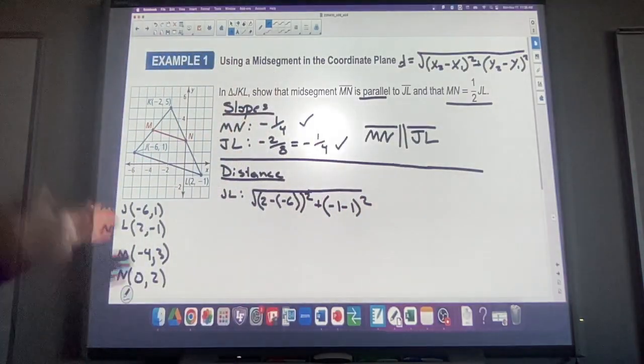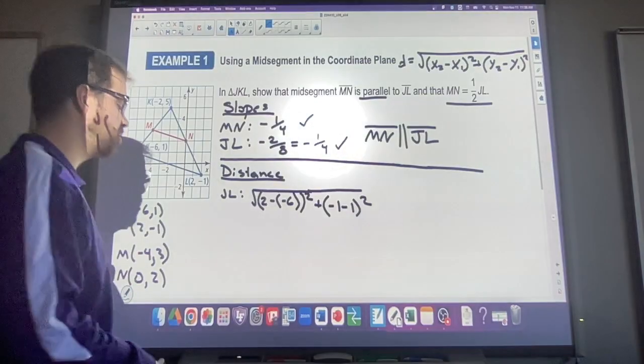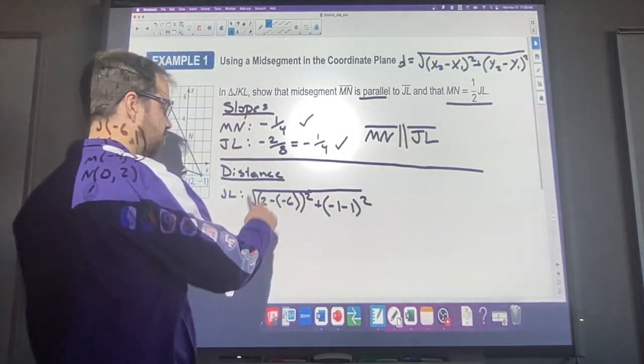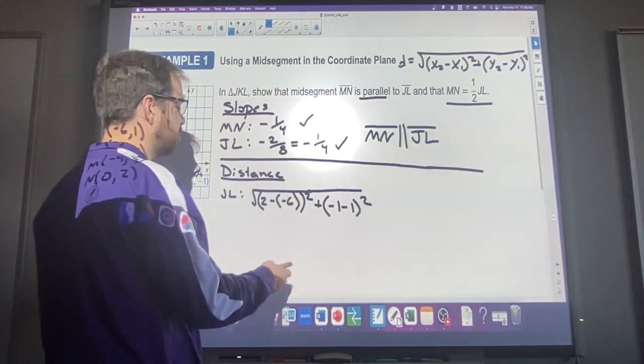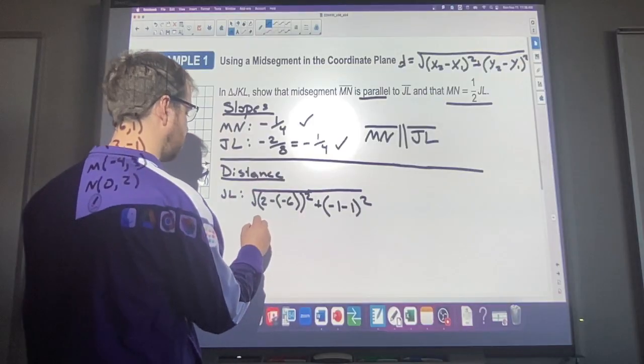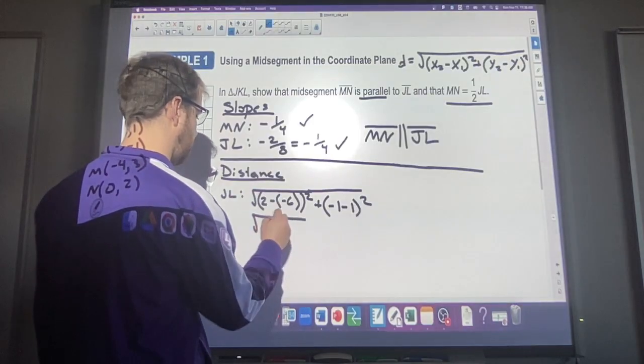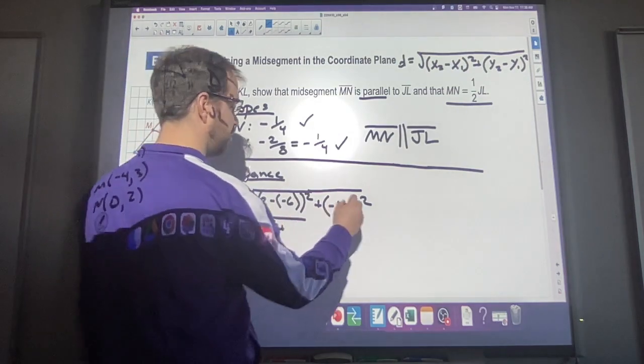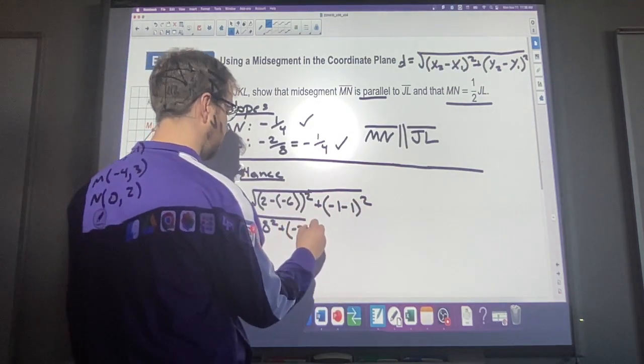And then I just simplify the parentheses, square it, add it, just do order of operations. 2 minus negative 6, that's really adding, so that's going to be 8. So we get the square root of 8 squared plus negative 1 minus 1, which is negative 2 squared.